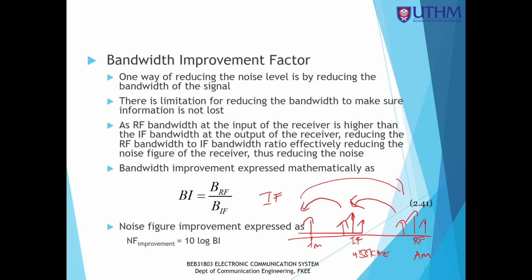This is the bandwidth of RF, and this is the bandwidth of IF. This has no unit, and when you take 10 log of BI, this is in terms of dB. The lower the value, the better.